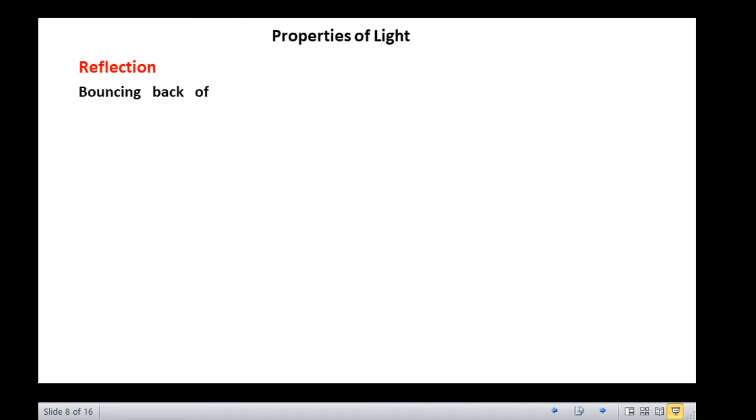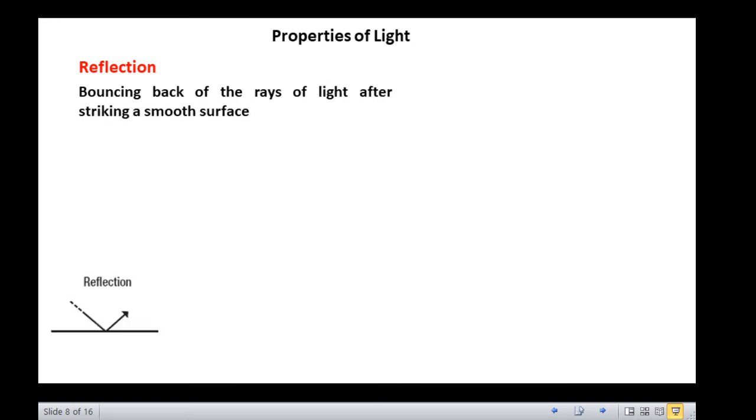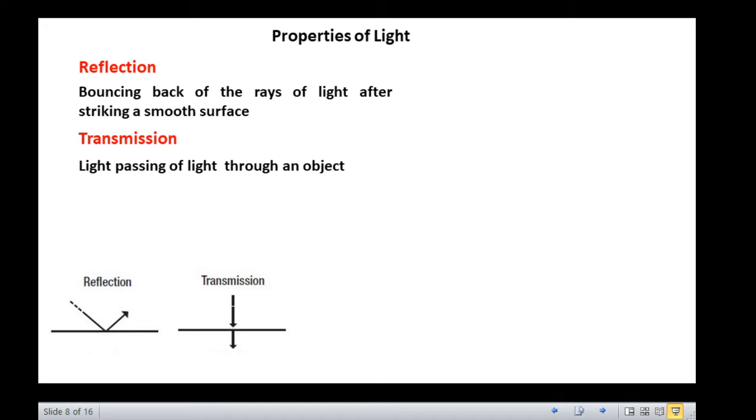The bouncing back of rays of light after striking a smooth surface is called reflection. The second property is transmission. Light can pass through a glass window but not through a rock. When light passes through an object, we say that transmission has occurred.